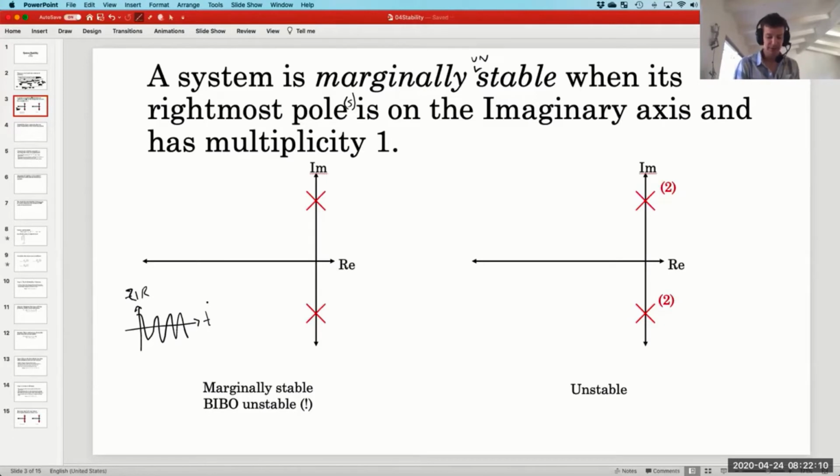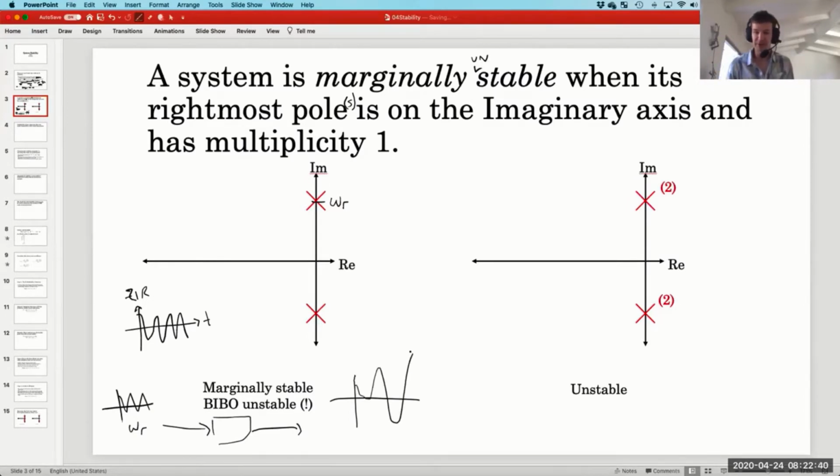If I said to you that this is a resonant circuit, then you would say, oh, okay, this is an LC circuit with no resistor. Therefore, if I excite this system at this frequency, call it omega resonant, then what kind of behavior are you going to observe? So here, if I input an omega R sinusoid into this system, I'm going to observe resonant growth, so linear growth here.